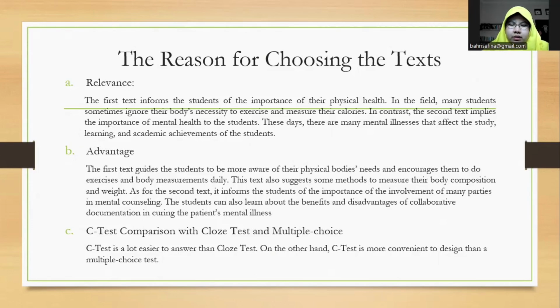On the other hand, from the teacher's point of view, C-test is a lot more convenient to make rather than multiple choice because the teachers have to think harder to make some tricks and also the wrong answers among the correct answers.